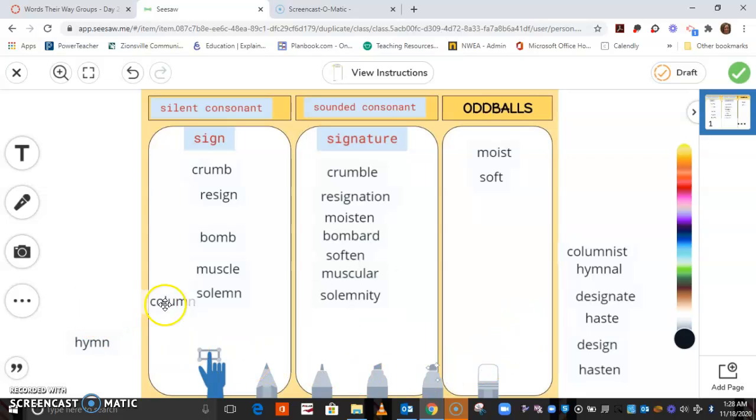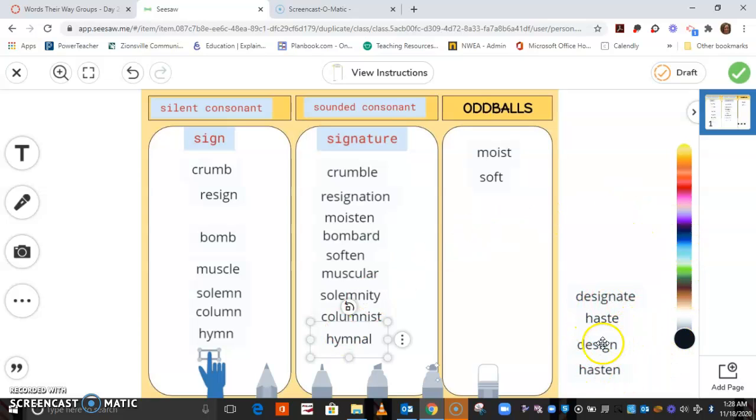We have column, silent N, and then columnist right here. How about hymn, silent N again, hymnal.